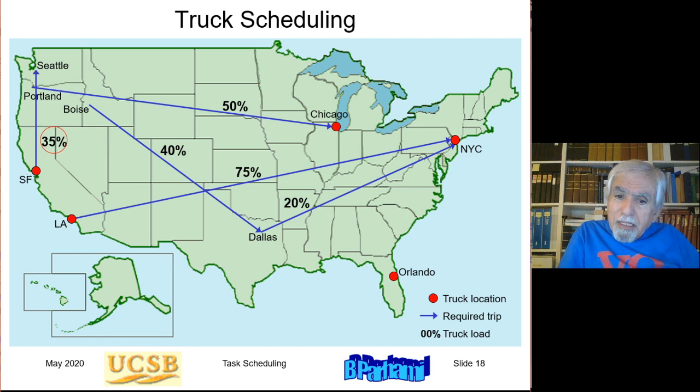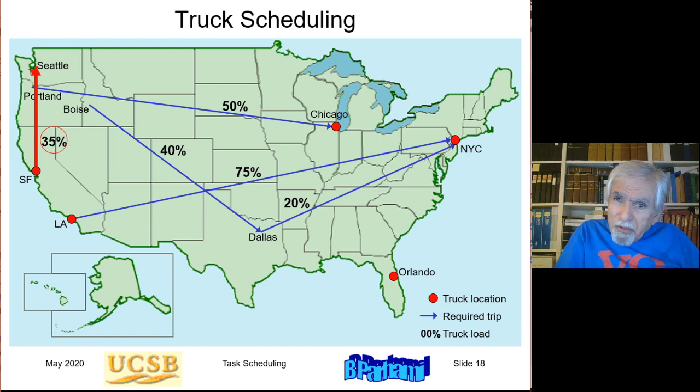So let's basically load that shipment and send that truck. That truck is less than half full as it moves from San Francisco to Seattle, but there's no other option because we can't combine that shipment with anything else. So that shipment is taken care of.